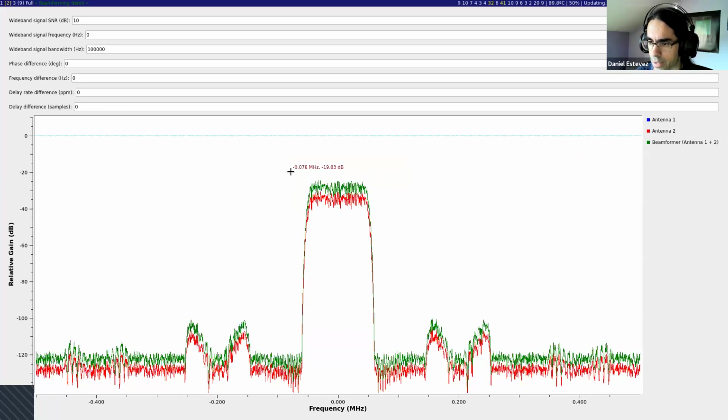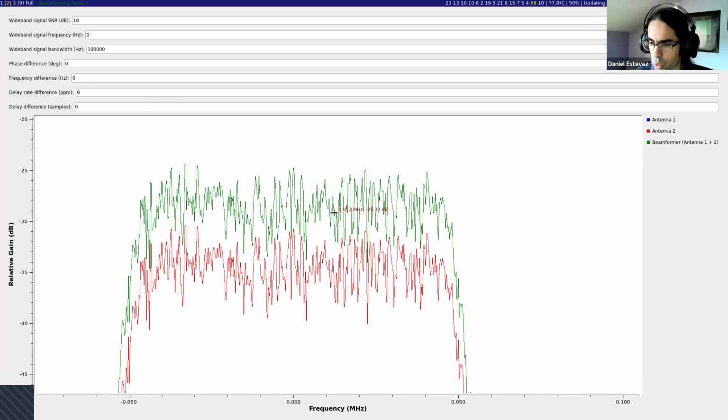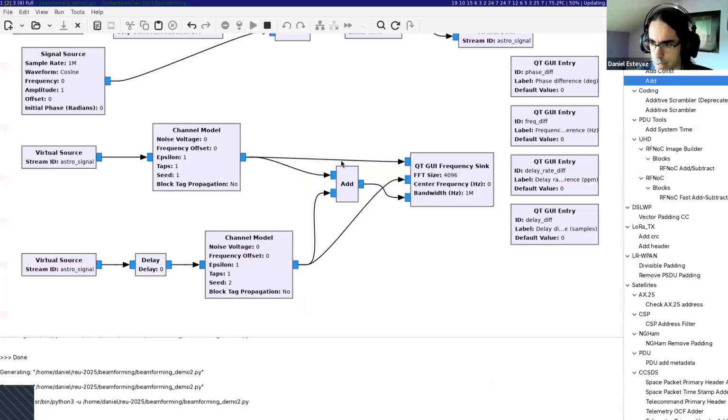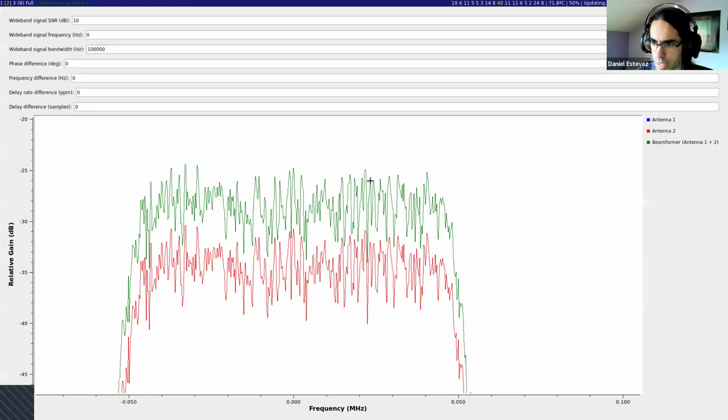And when we add together the same signal 2 times, so that's the addition here, we get 2 times the signal. And if we compare any point in here with the point below, it should be exactly a difference of 3 decibels, because this is basically the same number multiplied by 2. And we are, sorry, 6 decibels.